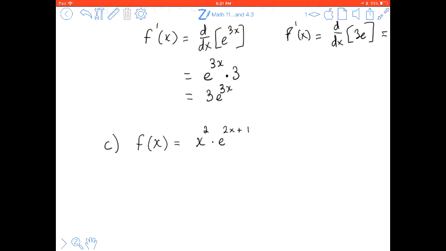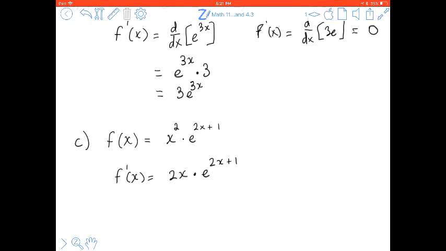So there's a product. We have one function multiplied by another function, so using the product rule that we learned back from Unit 1, it's the derivative of the first function multiplied by the second function plus the derivative of the second function.